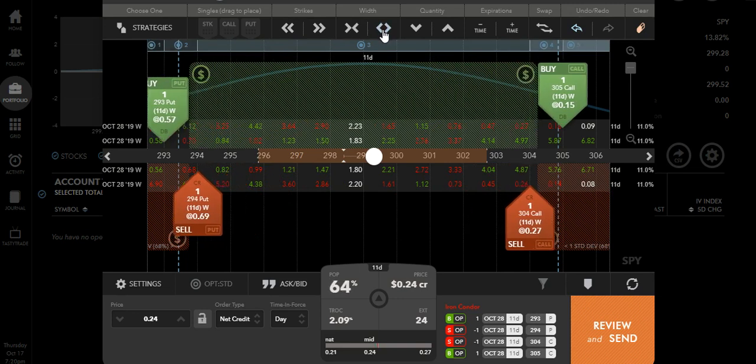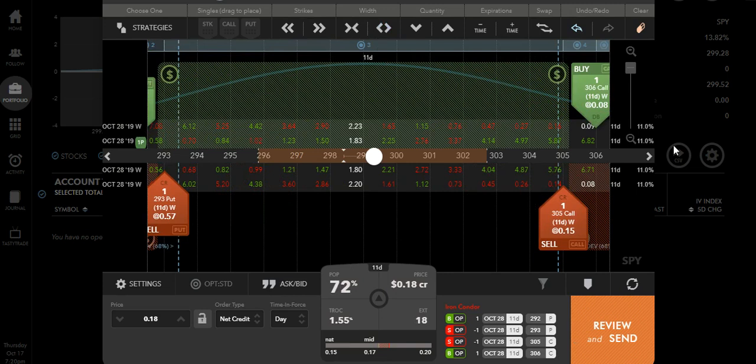So let's say we move these strikes out to 70% profit of winning, or 72% profit of winning. And you can see we're way outside these strike zones, so chances of us closing this trade in the money are very, very good.